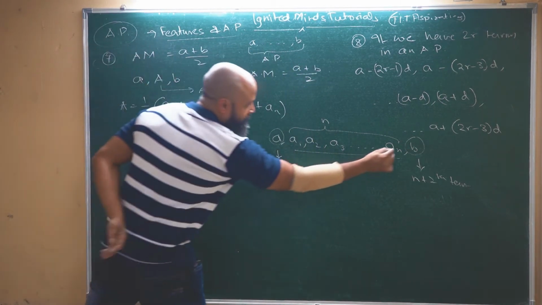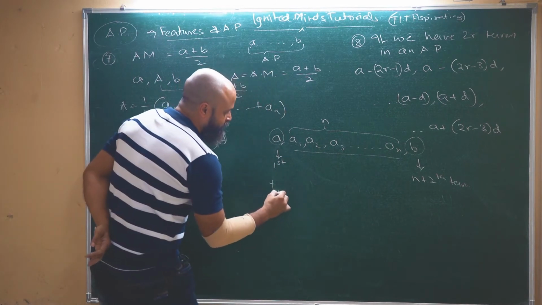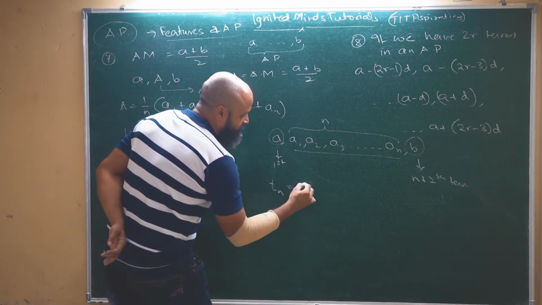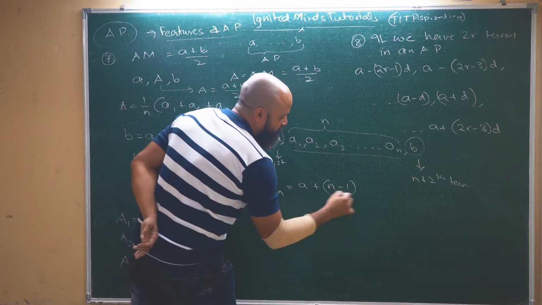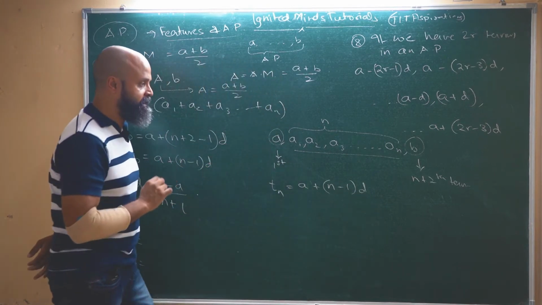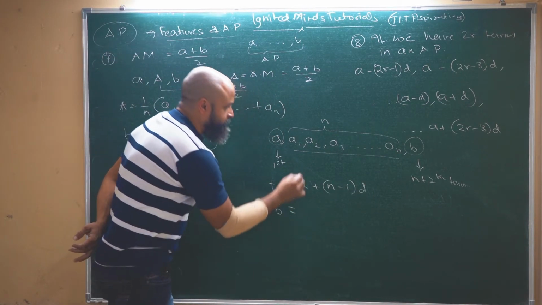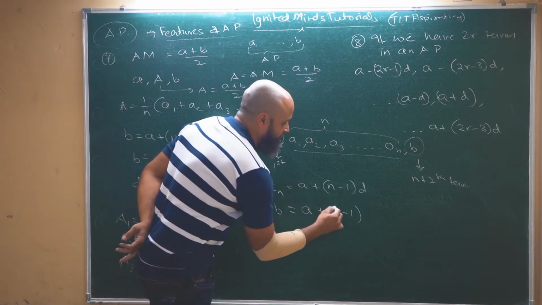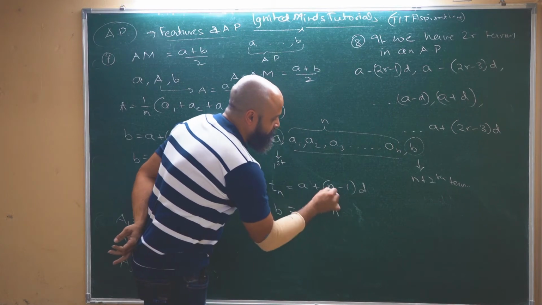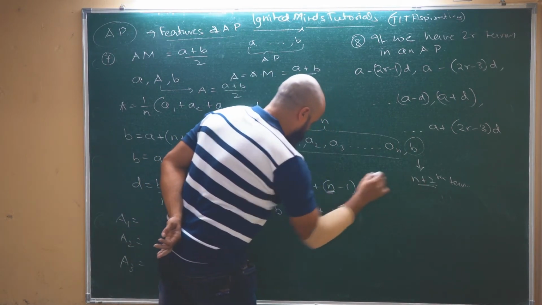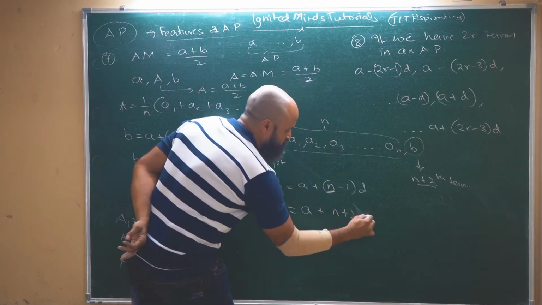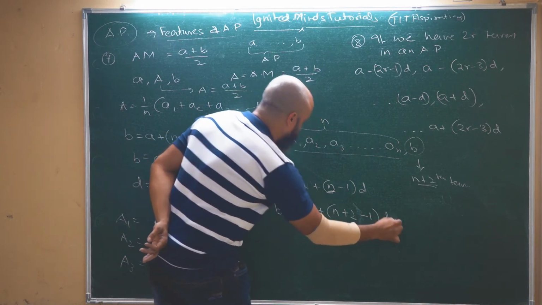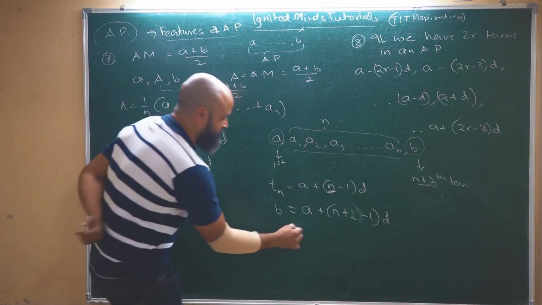Now if B happens to be the n plus 2th term, we know that Tn equals A plus n minus 1 into D. The nth term of an AP is given by this. So B will be equal to A plus, in place of n we have n plus 2, so n plus 2 minus 1 into D. What will be the answer of this?